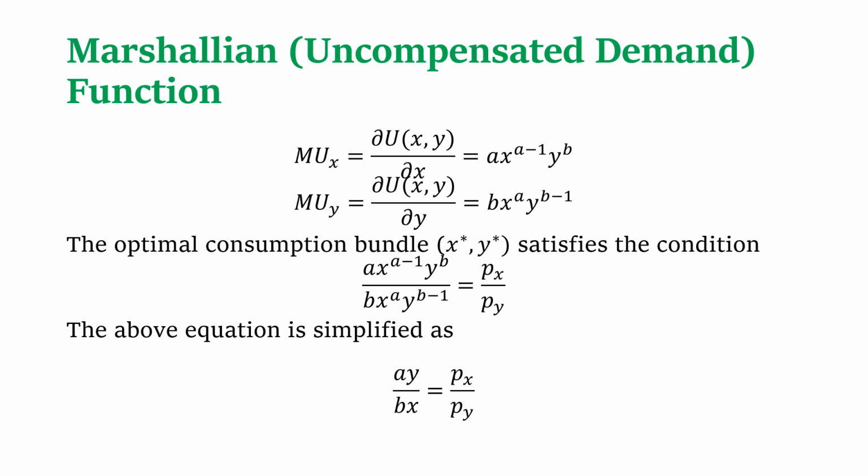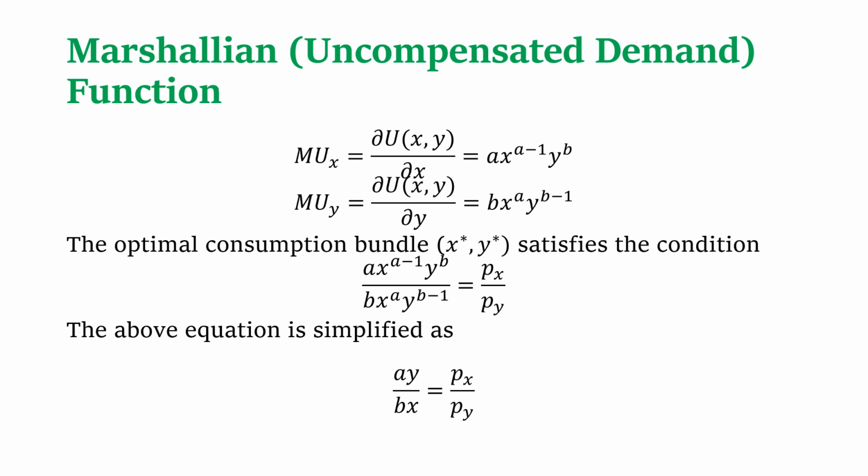So once we have obtained that, we just divide the marginal utility of good x over the marginal utility of good y, which is a x to the a minus 1, y to the b, over b x to the a, y to the b minus 1, and this equals p_x over p_y. Now, you all have done indices, you know what this is. We have x to the a minus 1 divided by x to the a.